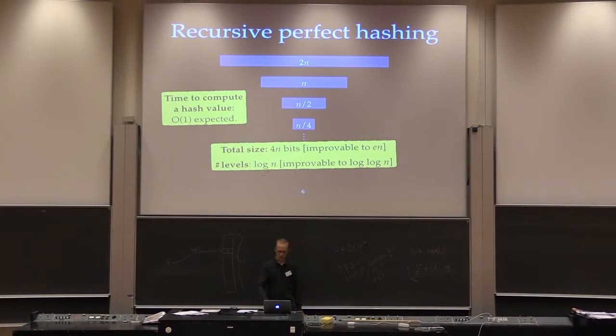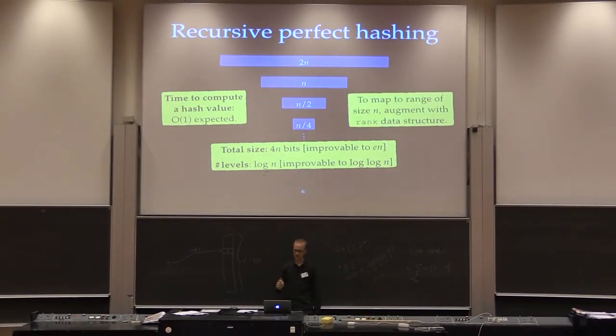Now suppose we want to actually map down to the minimal range, so just store a table of values. Then there's something called a rank data structure that is used a lot in succinct, so very space-efficient, data structures, that simply allows us to compress everything down.